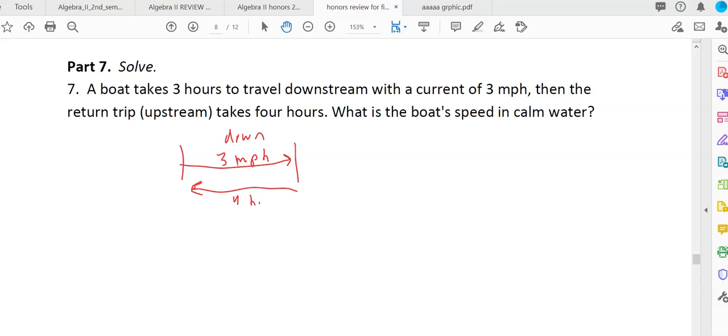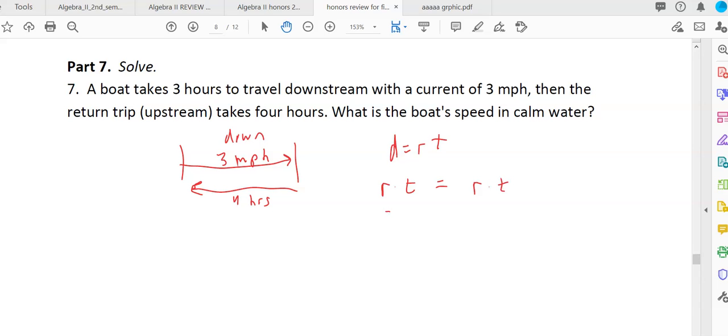So we've got, the distance is really the same here. So distance equals rate times time. So the rate times time of the first trip equals the rate times time of the second trip.